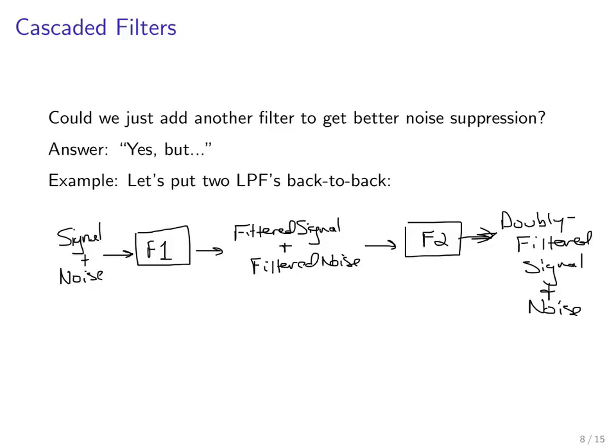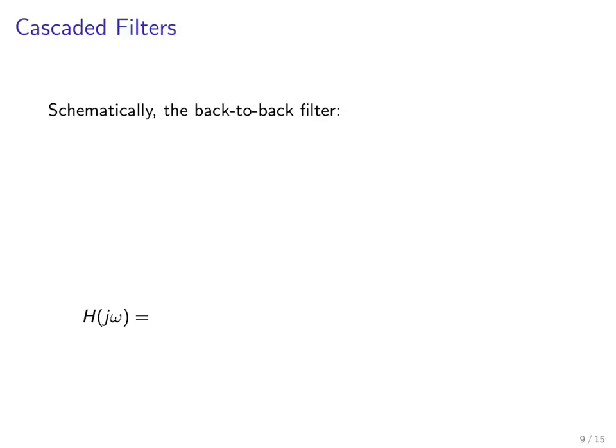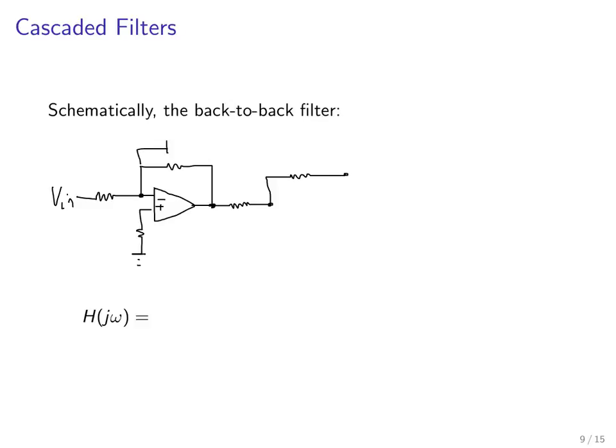Okay? So let's give a concrete example of this schematically. Let's say that we're going to cascade two active low-pass filters. So we'll have Vn on the left here. It will go to one low-pass filter, and then out. I need to draw a capacitor here as well.